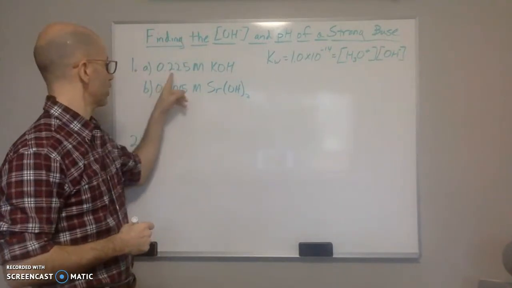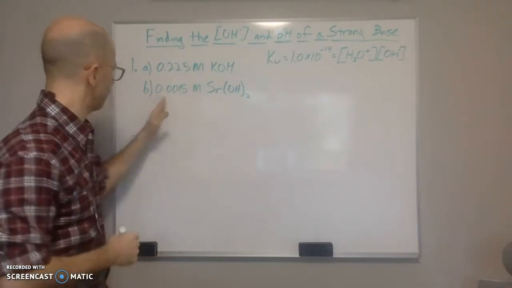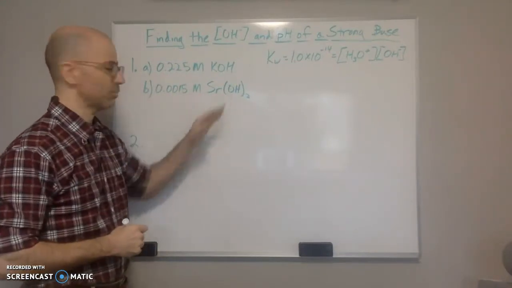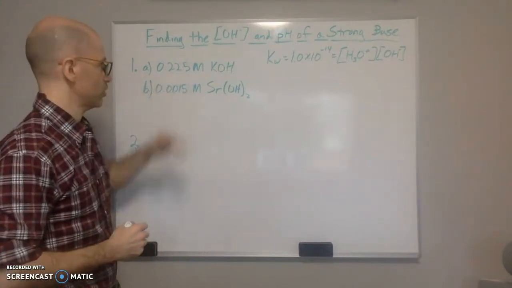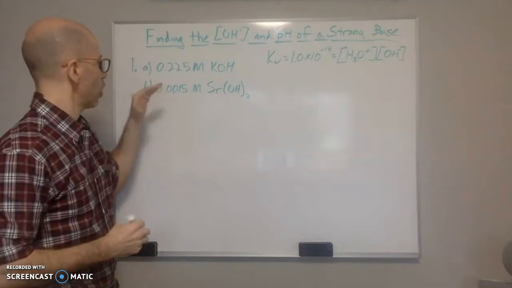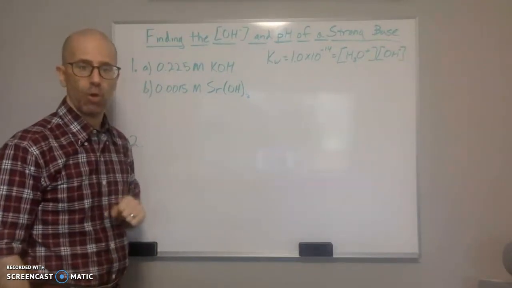So here we're given the concentration of KOH, and we're given the concentration of strontium OH2. So we're going to deal with each of these separately. So the first thing we need to do is find the concentration of OH.